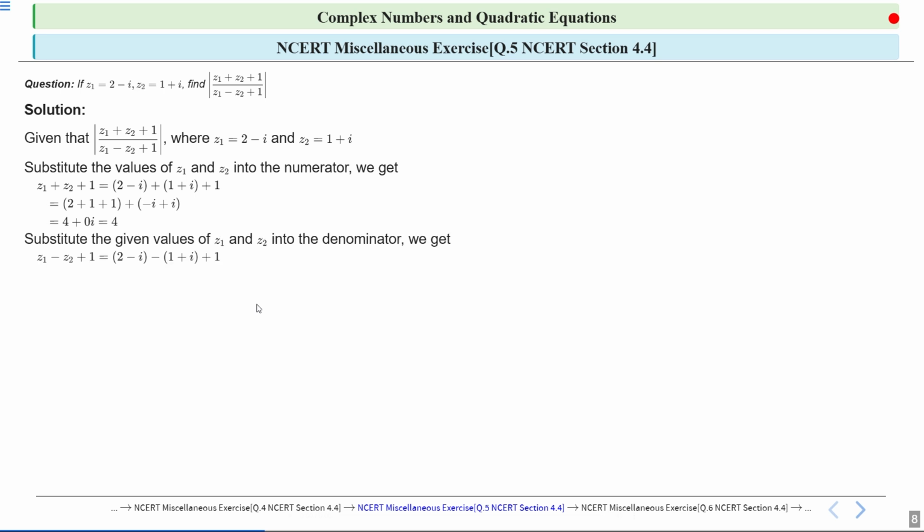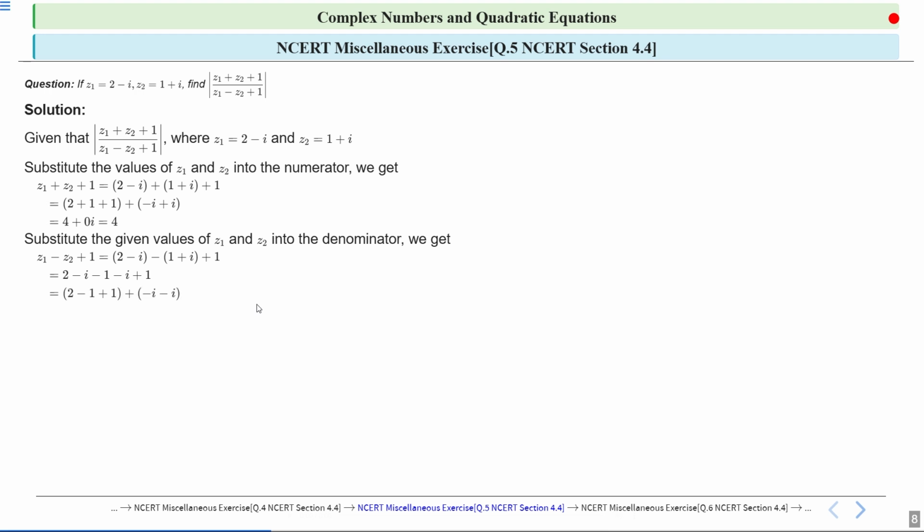Next, let's work with the denominator. So we substitute z1 equals 2 - i and z2 equals 1 + i. Again, let's be careful with the signs as we combine the terms. Expanding the denominator, we have 2 - i - 1 - i + 1.